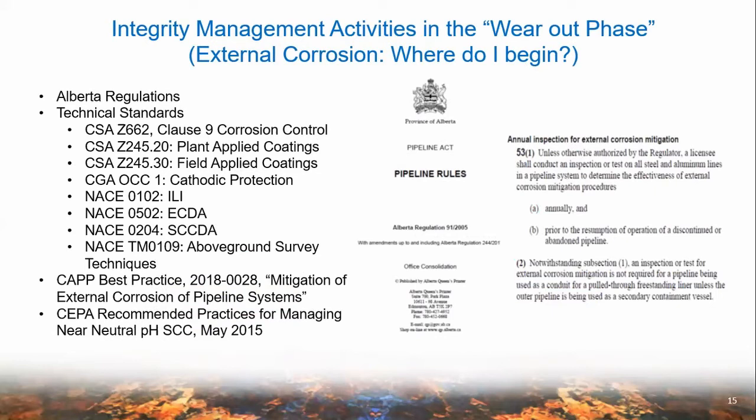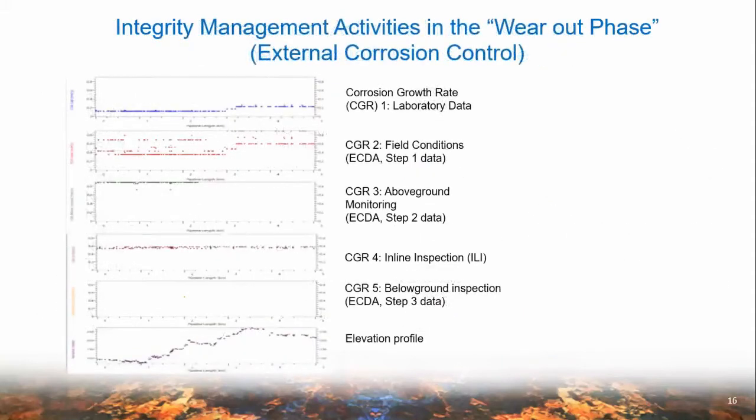NACE, CAPP, CEPA, that is Canadian Energy Pipeline Association, have published several standards and best practices on selecting and evaluating coatings and CP, as well as in understanding the risk if either coating or CP or both fail.